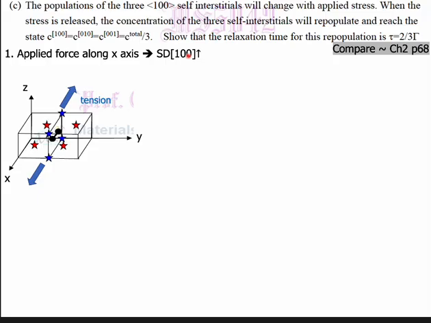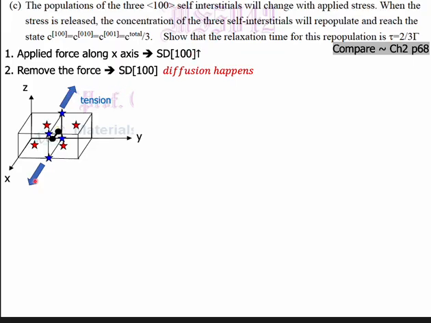This increase actually comes from the split dumbbell along 010 and also 001. So the initial boundary condition is that I have a higher 100 split dumbbell concentration in the beginning, higher than 1/3.